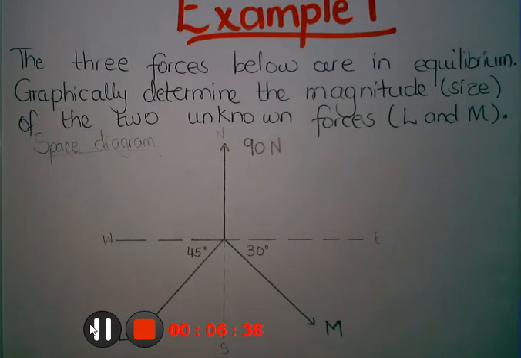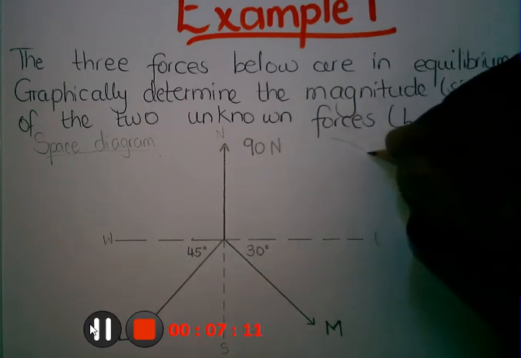In this diagram, we have 2 unknown forces, that is L and M, and 1 known force, that is 90 newtons. So Bow says we must letter our space diagram, this diagram, and we start at the space after the last unknown.